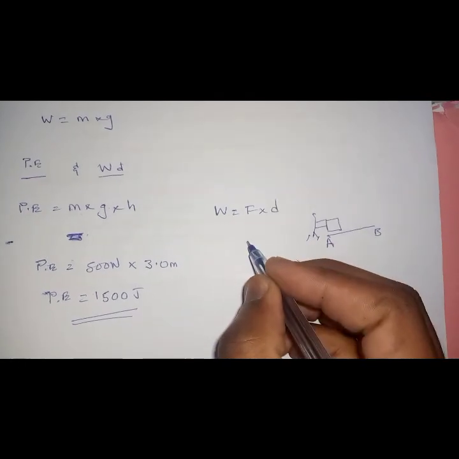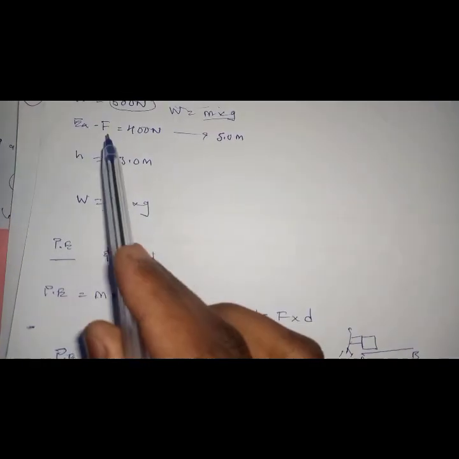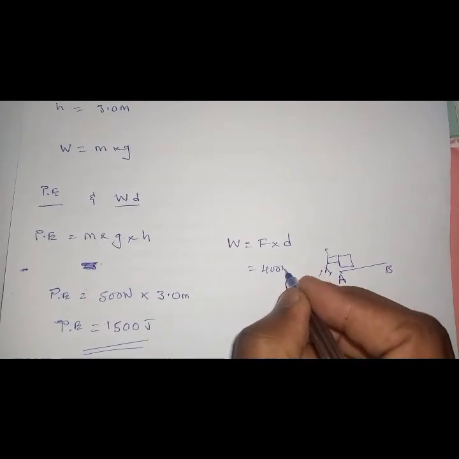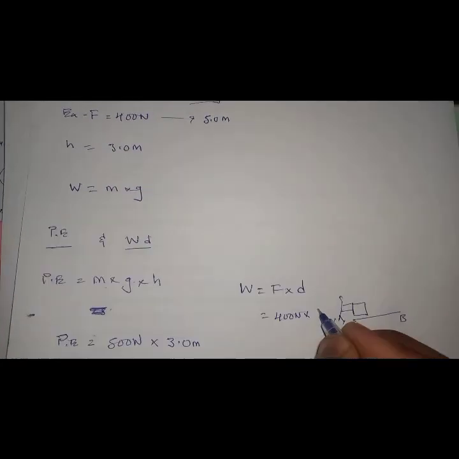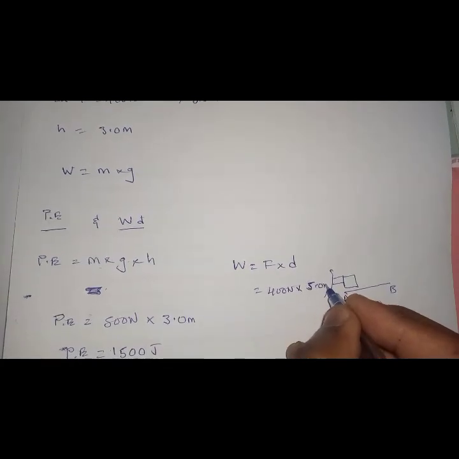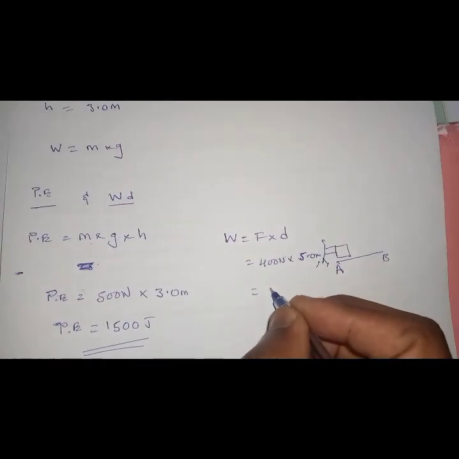So we are using the exerted force. Instead of using 500 there, that's why we have this exerted force, and we had to note that it's exerted force. So we're going to say our work will be 400 Newton multiplied by the distance moved by that body when pushed. That was 5.0 meters.